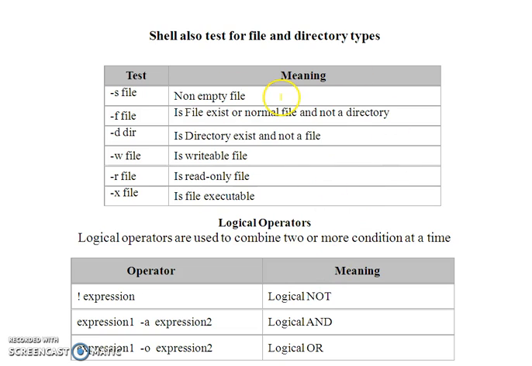Similarly, for files, -s file checks whether the file is non-empty or not. This way, -d dir checks whether it is a directory or not.